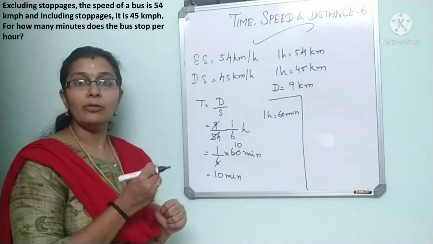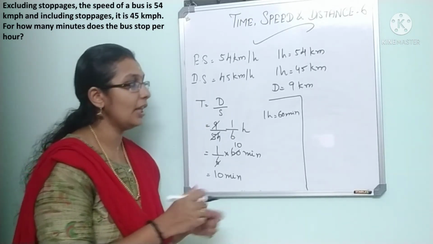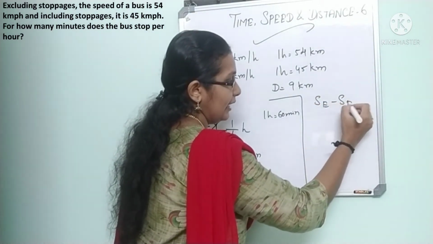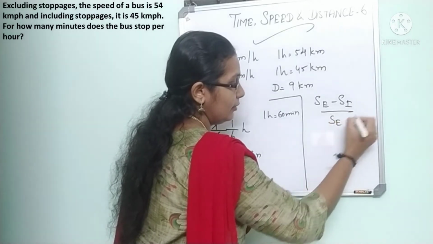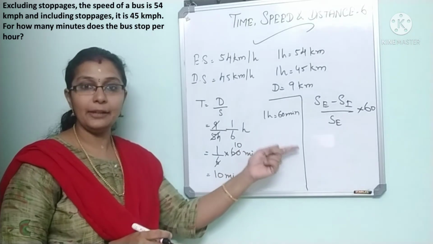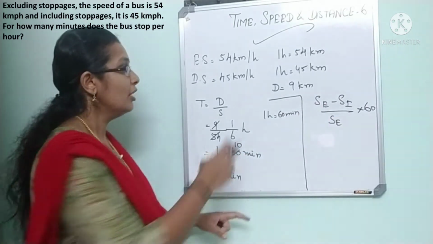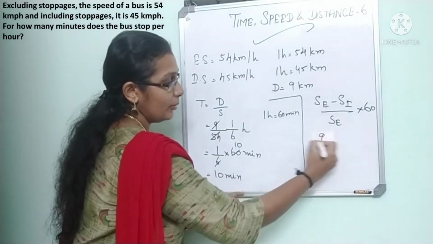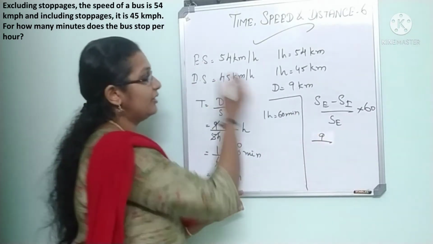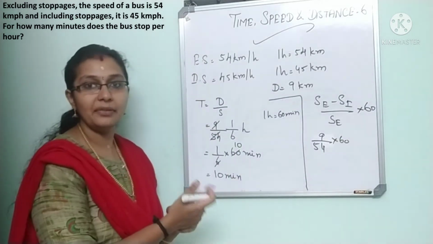At the same time, now I will tell you a shortcut to easily solve this question within 1 minute. Just listen: SE minus SI divided by SE into 60. I will explain how. We will have to find the difference in the speed, excluding stoppage and including stoppage. So the difference is the same 9 km divided by the first speed, the excluding stoppage speed, which is 54, into 60, in order to convert it into minutes.